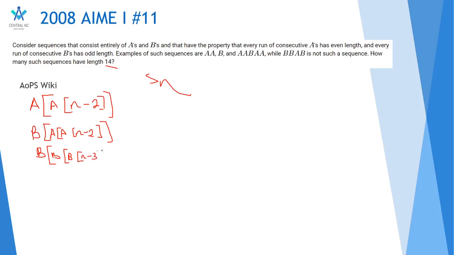That'd be n minus 3. And looking at this mess, it's kind of unclear where to start. There's no clear recursion that we can immediately see. Or is there? Not really. We can't really find a good recursion here, and that's kind of put us in a hole. So let's try another approach.